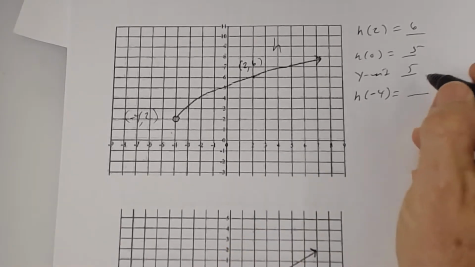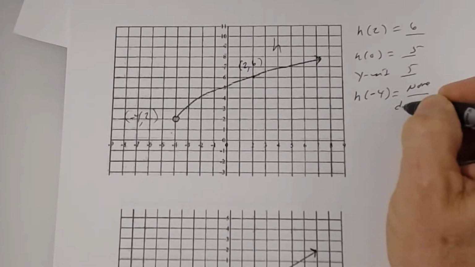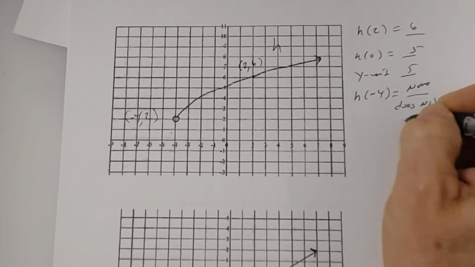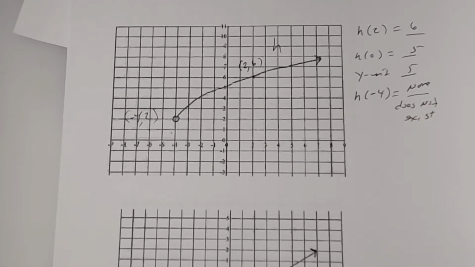You're just going to say either none. A better word would be to say does not exist. Can you say no? No, don't say no. Just say none. Just say none. Okay, so h of negative 4 does not exist.